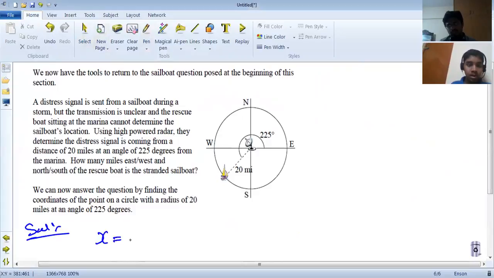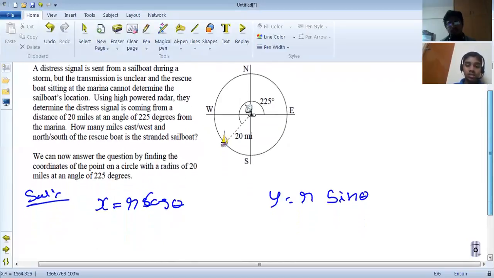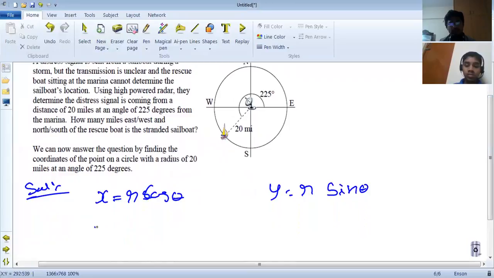x is equal to radius cosine theta, and y is equal to radius sine theta. Now x is equal to r cos theta, where r means radius.